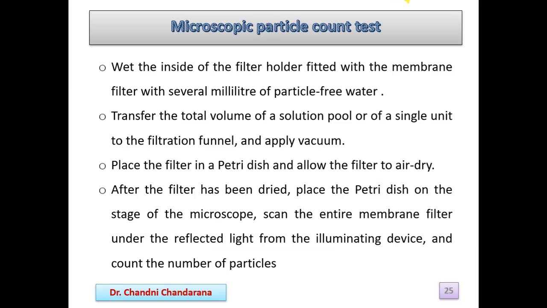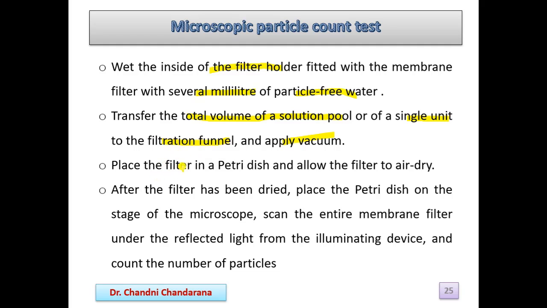Now the next is the microscopic particle count test. In this, we wet the inside of a filter holder fitted with the membrane filter with several milliliters of particulate-free water. Then transfer the total volume of a solution pool or of a single unit to the filtration funnel and apply the vacuum.